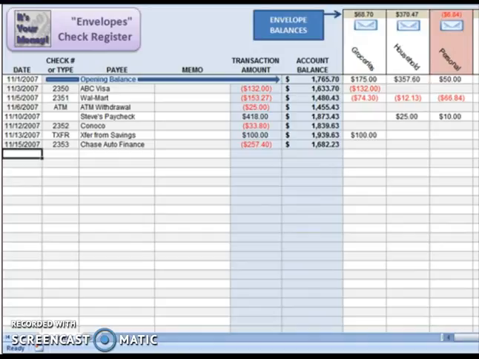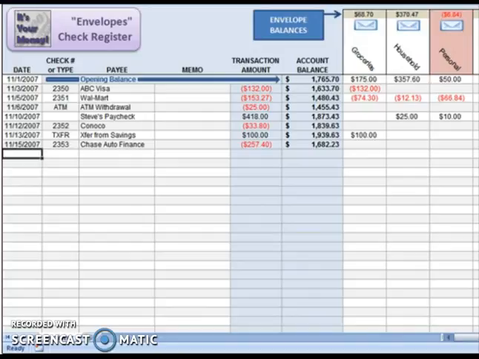Now, let's say you have a discretionary / entertainment envelope and you have money in that envelope, but you have used up all the money in the grocery envelope, and now you need to get something else in the grocery category. You can reallocate some of those funds, take them from one envelope to the other. As long as you're using the cash that you have allocated, that's fine. But you do not want to go and withdraw more cash, because the whole point of this is to help you build discipline.